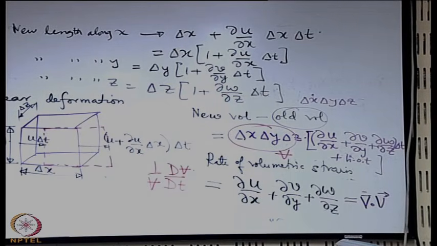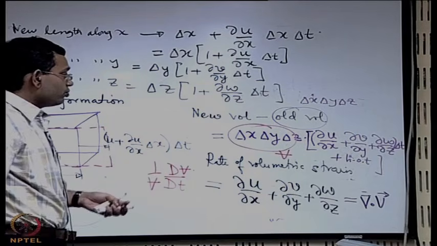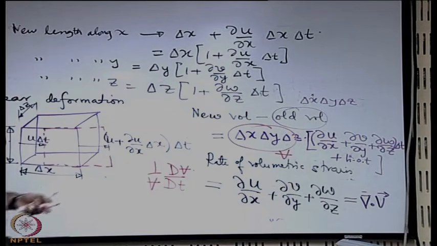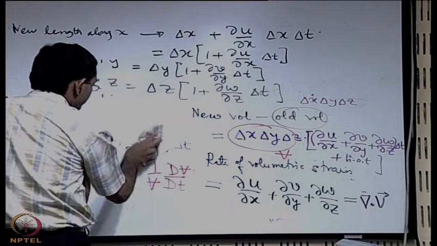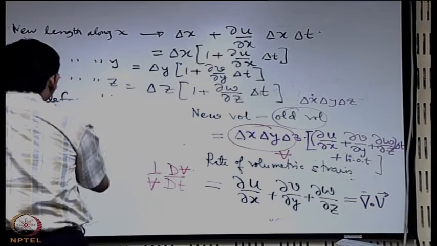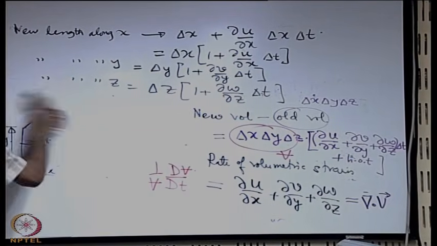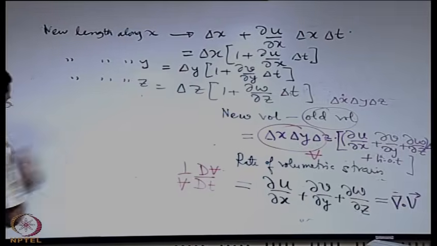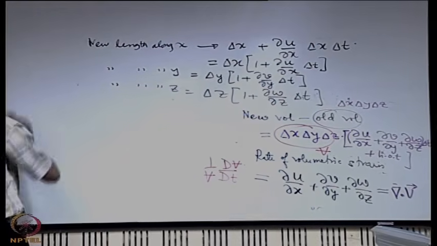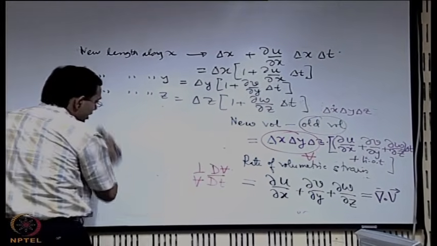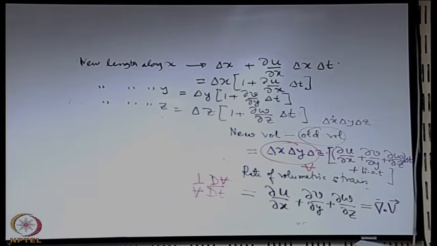This leads to a very important definition. The definition is with regard to incompressible flow. So when we say that a flow is incompressible, by the name it is clear that we are looking for a case when the fluid element does not change in volume.